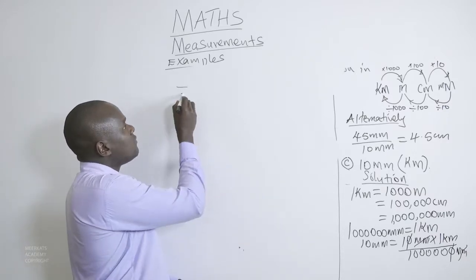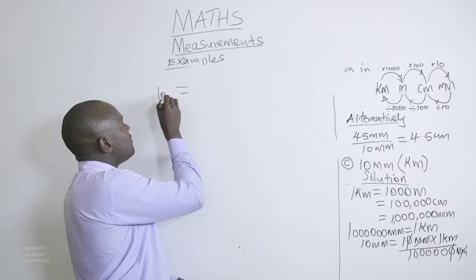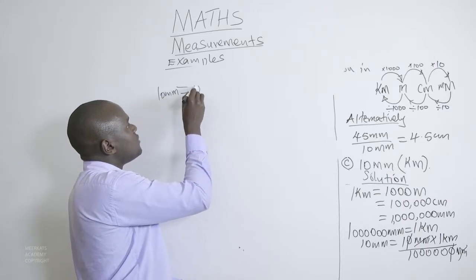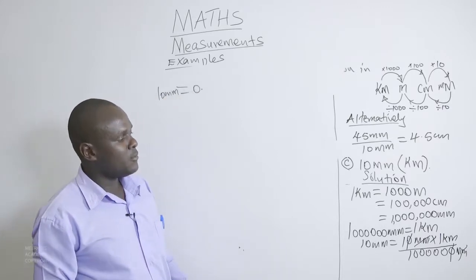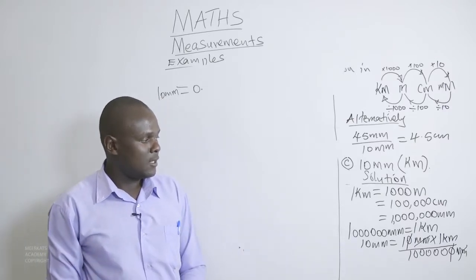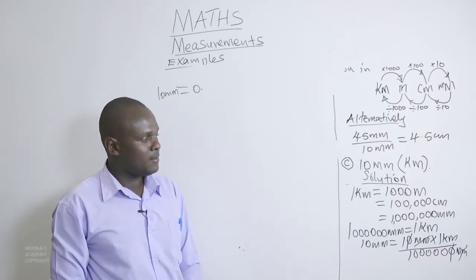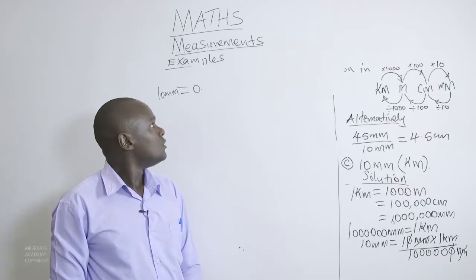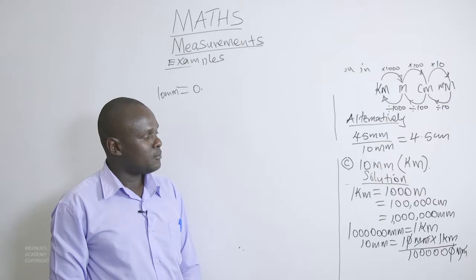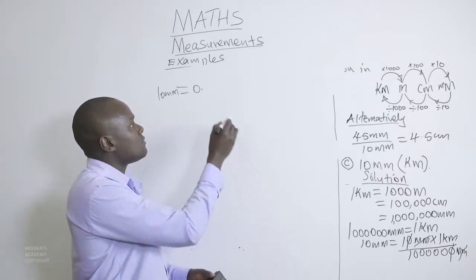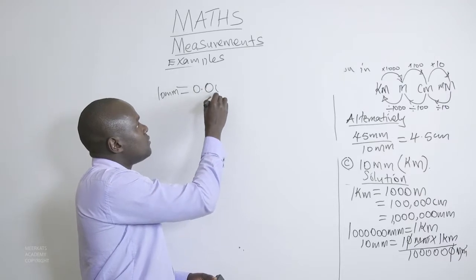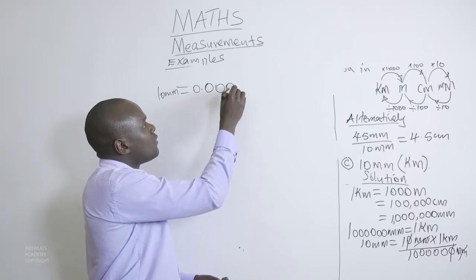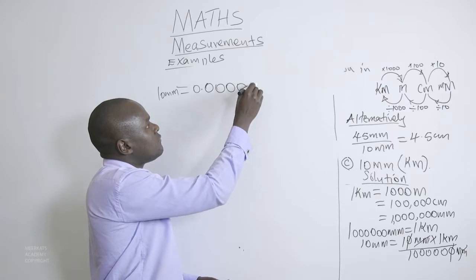So we will have 10 millimeters to be equal to 0 point. Remember, when we are dividing by a number made up of zeros, we move the decimal point several places to the left. So this is the same as 0.12345 kilometers.